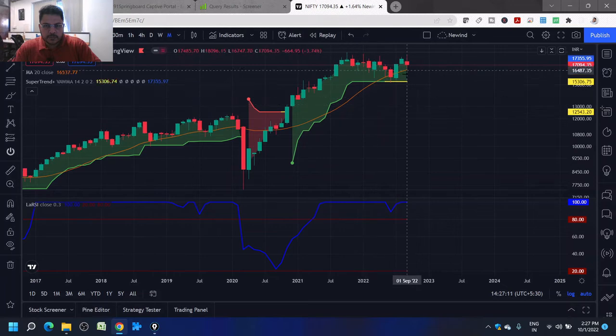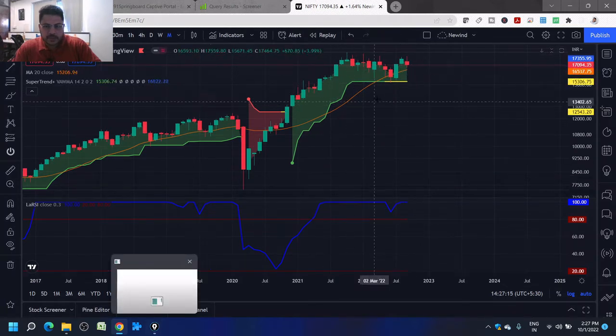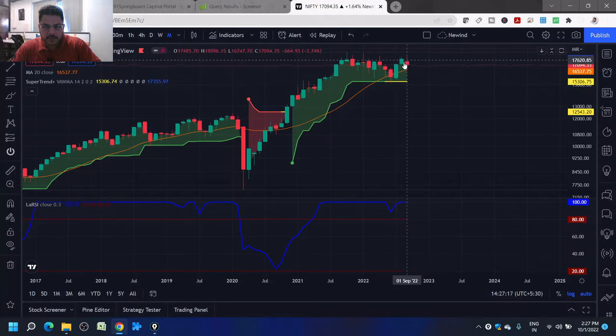So if you see, the monthly candle for Nifty has made a very kind of 50% candle. It tried to go up, tried to go down, and took support at the 20 period moving average on a monthly time frame.